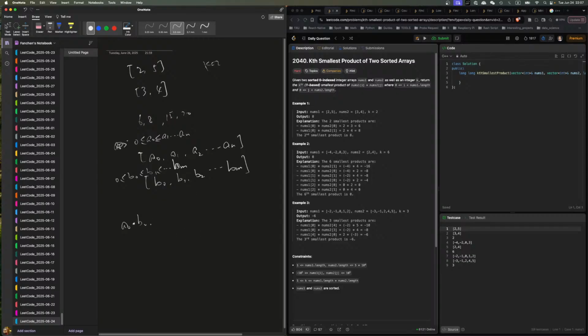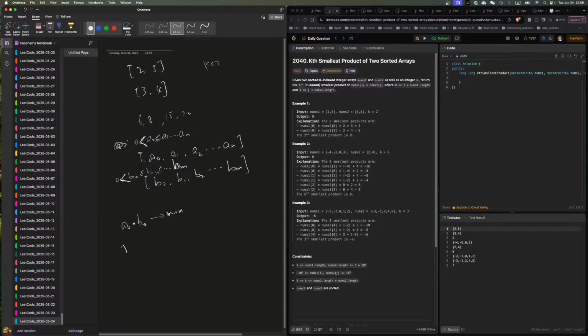So A0 times B0, this is the smallest, right? And then the second smallest, we already have an issue because, also, if they have been 0, okay, let's also not do 0. I think 0 also makes things more complicated.